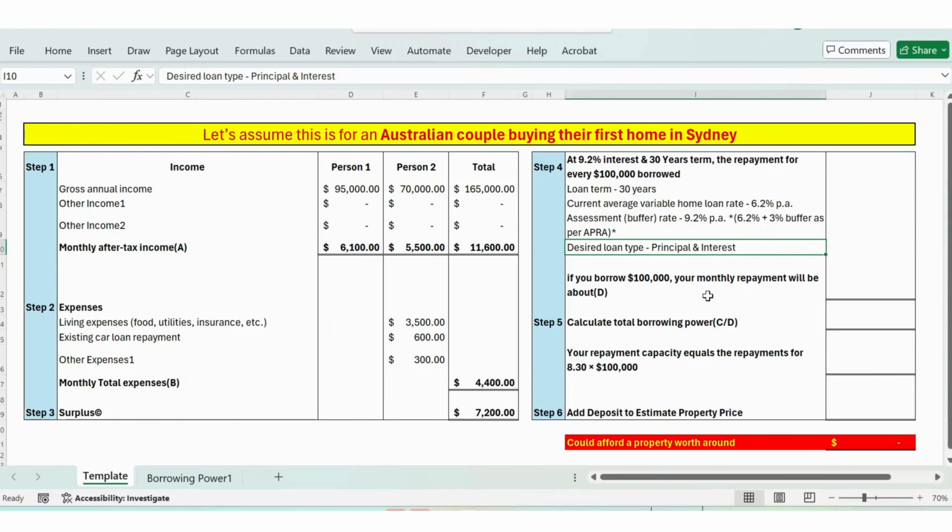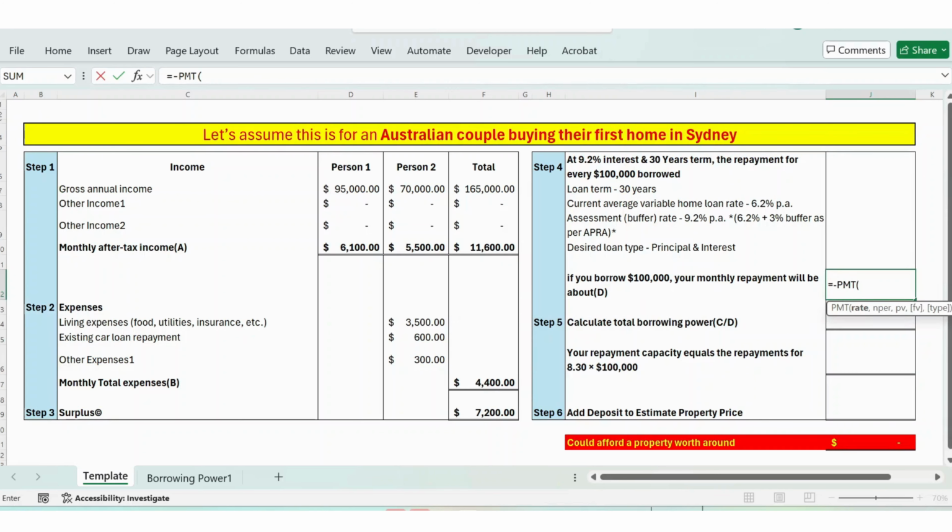Step 4 is to calculate your monthly repayment for every 100,000. For this, I use a function called PMT in Excel. The first argument is rate, so we have 6.2% per annum. However, as I said in the previous slide, the bank will add another 3% buffer as per APRA, so the total percentage is 9.2%, divided by 12, since we want the monthly repayment capacity, comma, and then we have a loan term of 30 years.